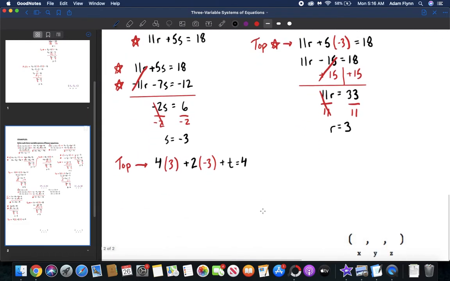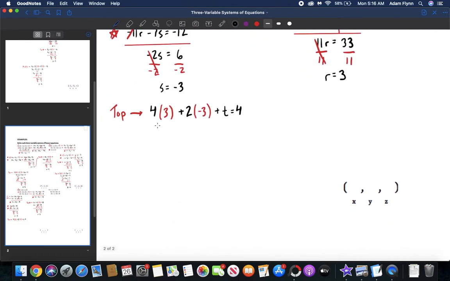So I'm going to scroll down and solve this. 4 times 3 is going to be positive 12. 2 times negative 3 is going to be negative 6. And I've got my plus t equals 4. I can combine this 12 and this minus 6, which is going to be a positive 6, plus t equals 4.